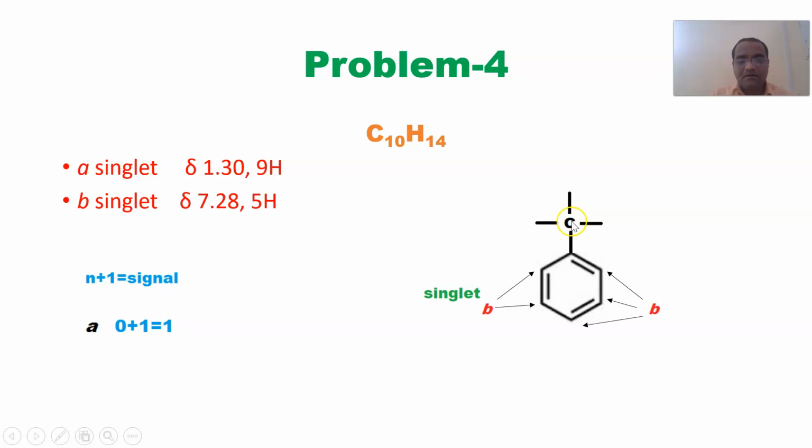This carbon should not have any hydrogen, as the value of N is 0, and it is a singlet with 9 hydrogens. It means that it is again a branched structure, right? So I have placed 3 hydrogens on each carbon.